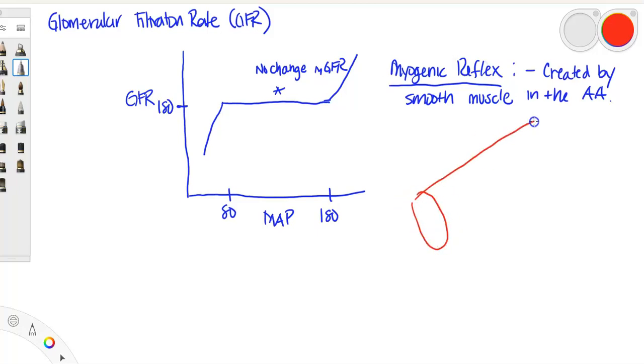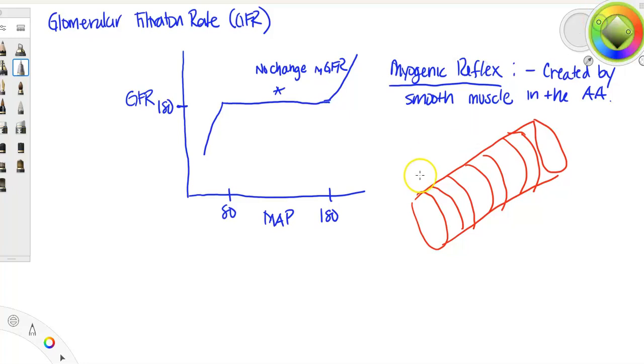Okay, so if we look at the afferent arteriole, let's just look at a piece of this vessel here. The afferent arteriole, it's an arteriole, so it's going to be surrounded with little rings of smooth muscle.